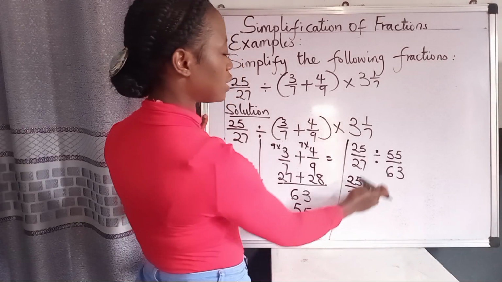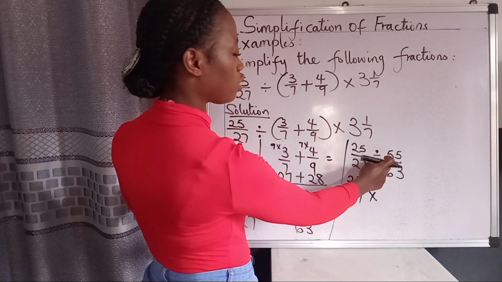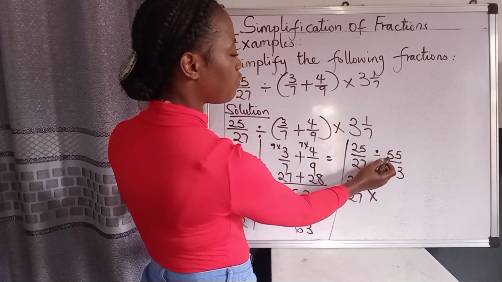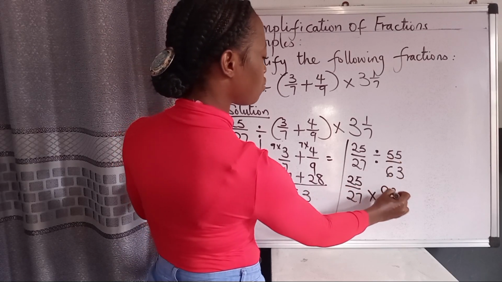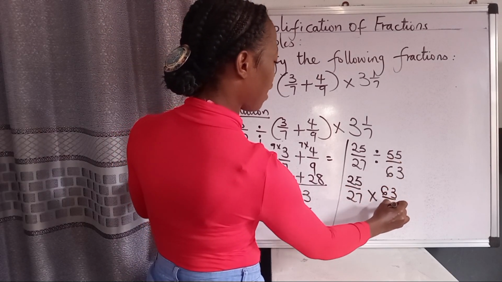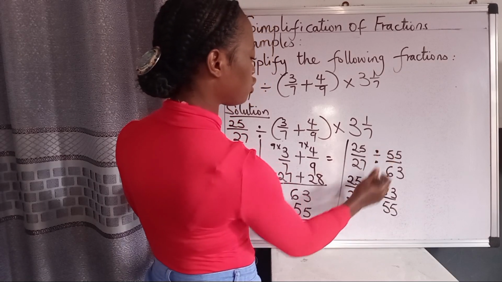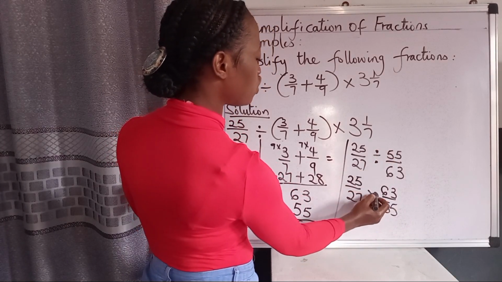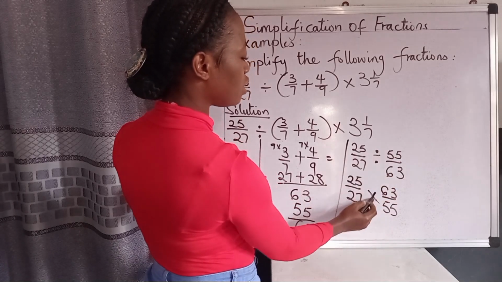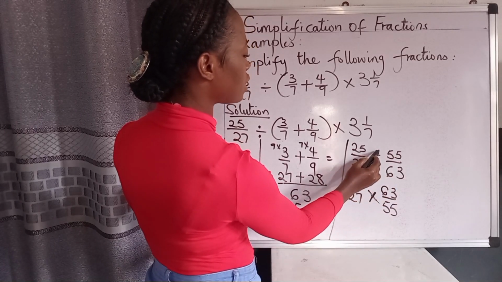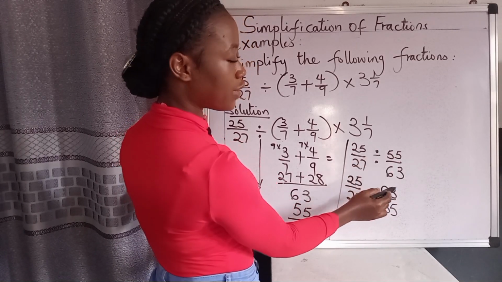And when you do that, you are going to invert this fraction, okay? 55 over 63 turns to 63 over 55. So once you are dividing fractions, if you change the division sign to multiplication sign, the fraction immediately after the sign of division would be inverted, okay?